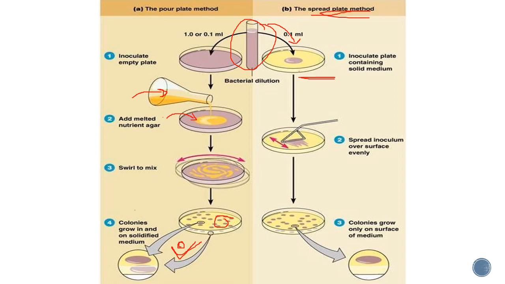Afterwards, with a sterile spreader, we spread that inoculum over the plate vigorously, so that each and every part of the plate is covered by the spreader, and the inoculum that we added, that is 0.1 ml, is evenly spread over the whole plate.